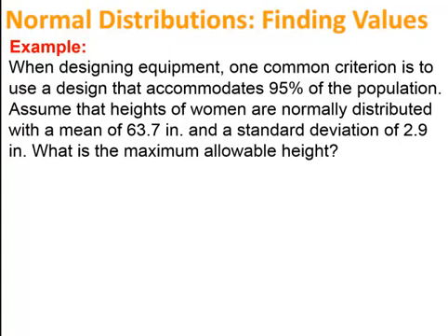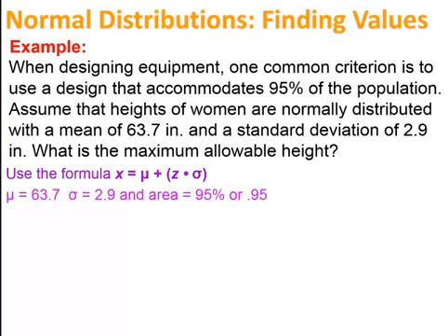Now, when we're talking about maximum allowed height, and because it's talking about the 95th percentile, that would be our area. So I'm using this formula, and in this case I'm given the area. I have my mean, which is 63.7, and the standard deviation, which is 2.9, but because they're saying 95th percentile, percentiles are associated with area.